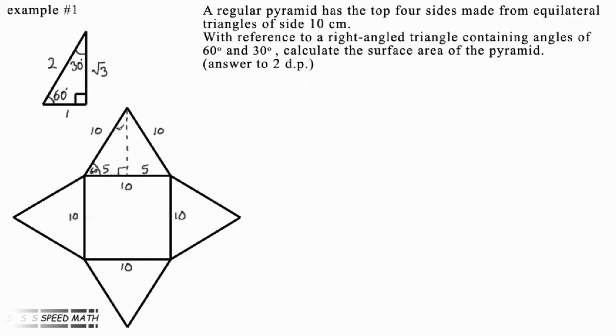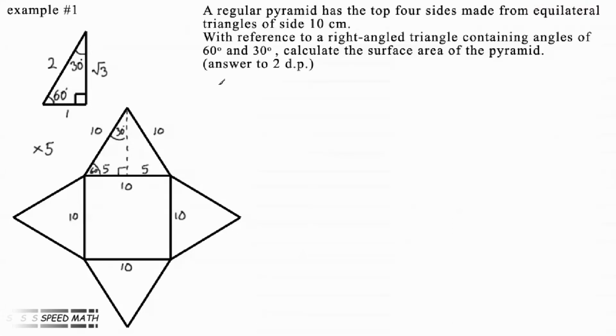We have the 60-degree angle and 30-degree angle like the right angle triangle we were given, and you'll see they are congruent. In fact, one is 5 times bigger than the other, so the scale factor is 5.